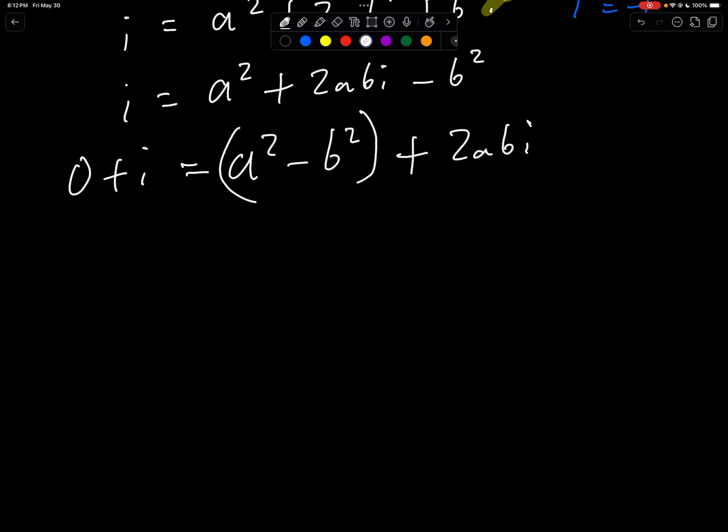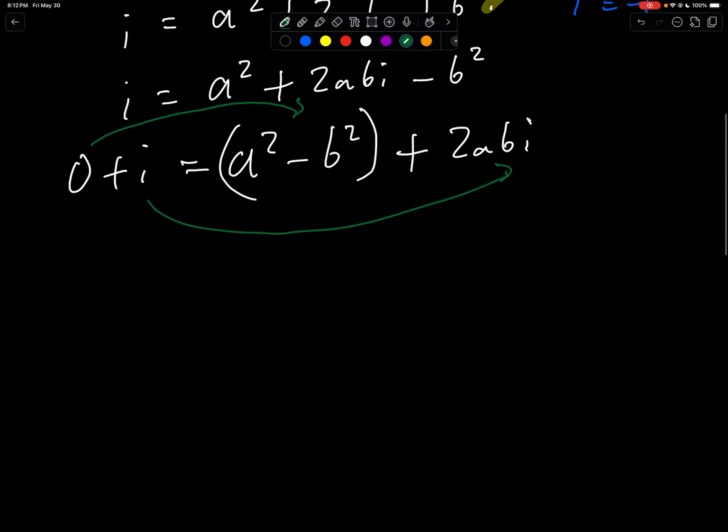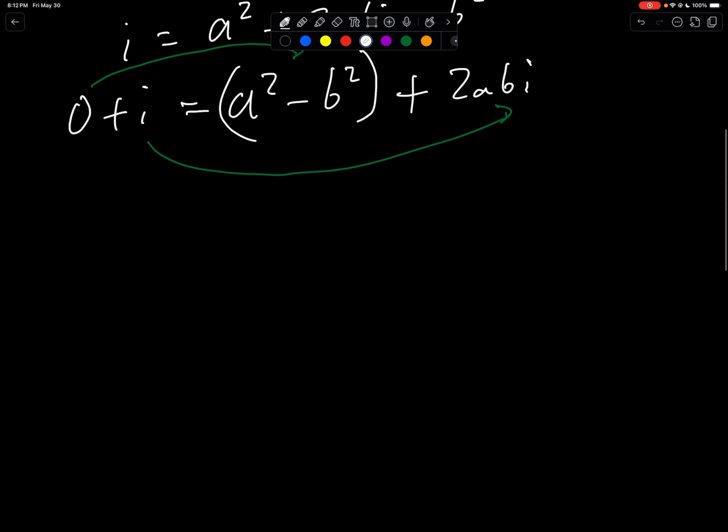And so now we can set up a relationship here. We can equate this 0 with this, and we can equate this i related term with this. So we can say that a squared minus b squared equals 0, and then 2abi equals i.